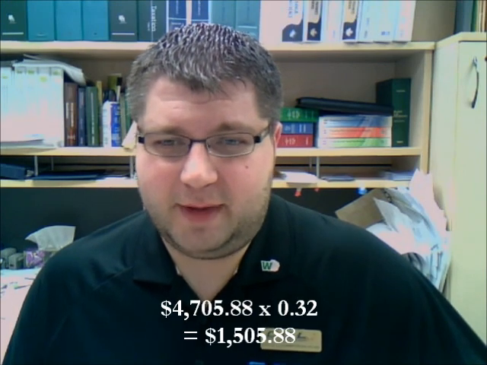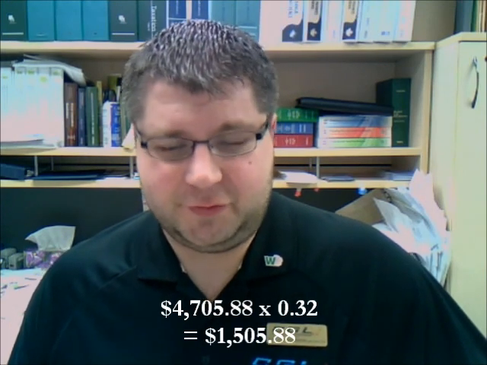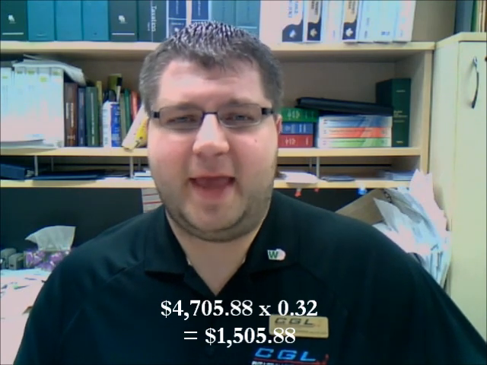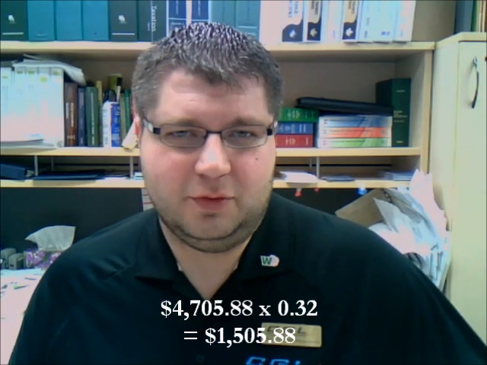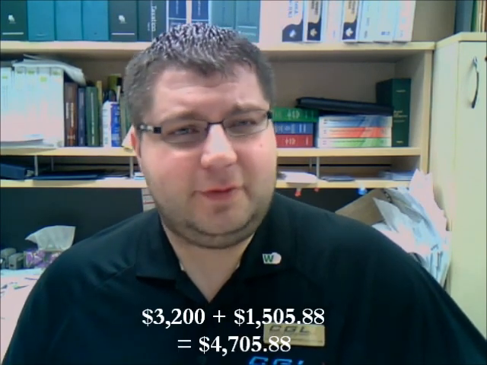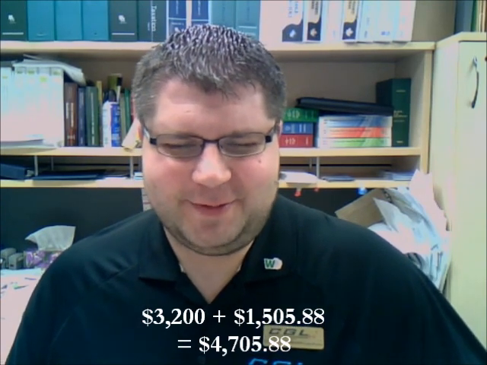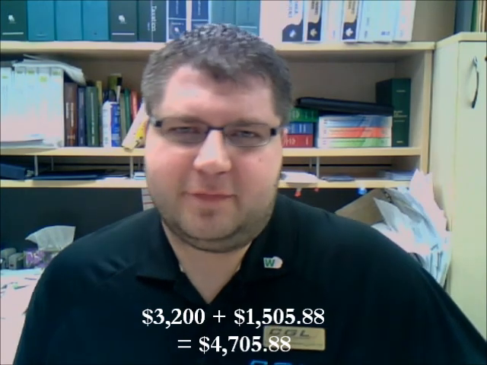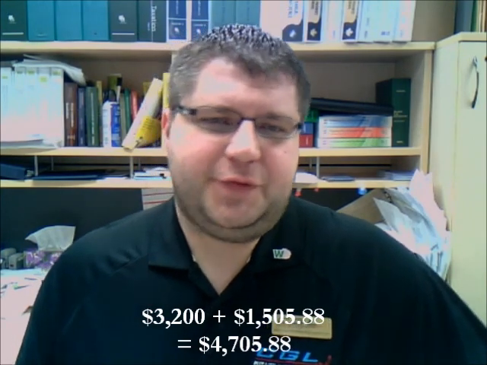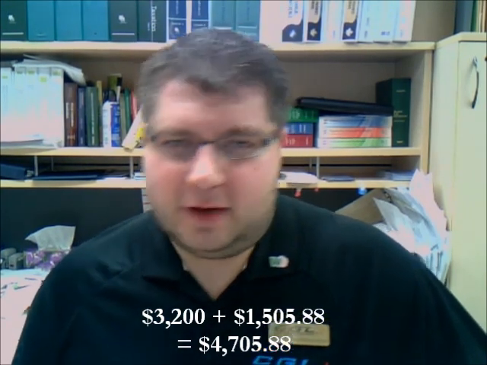Multiply it by your marginal tax rate, 32%, to come up with the expected refund you're going to get by paying this extra loan proceeds into an RSP. So you get that total now of $4,705, or you should be, if not, rewind and do this example again. But you should be looking at $4,705, and when you get your refund check, you should be able to go and pay off the loan with that amount.